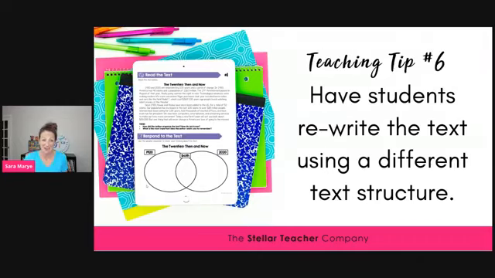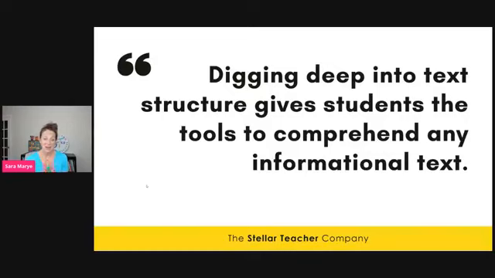If you have any other questions, I'd be more than happy to answer them. The one thing that I want you to think about, though, and this is really my big takeaway, is that when you dig deep into text structure, you are really giving students the tools to comprehend any informational text.